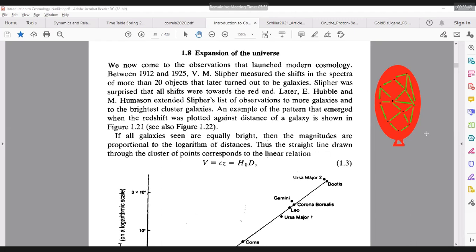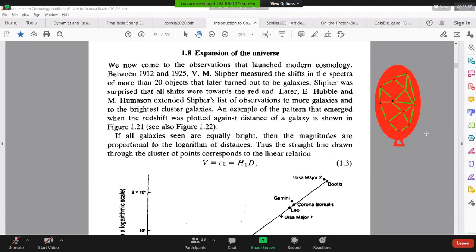That is, in other words, a newer and newer space is created between the neighboring objects, could be galaxies or clusters.